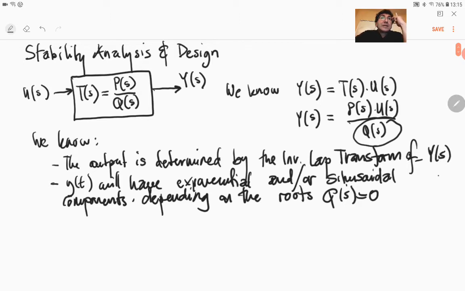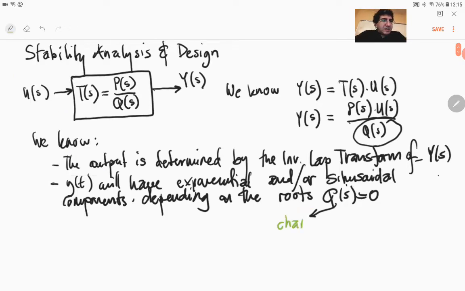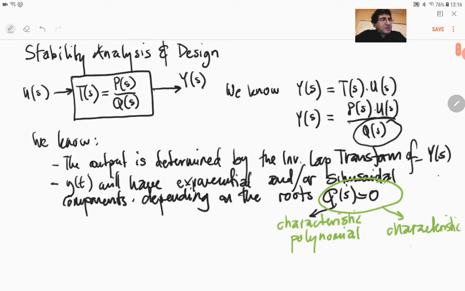And this is known as, let's use some color here. This is the characteristic polynomial, and this whole thing is known as the characteristic equation, right? Characteristic equation.